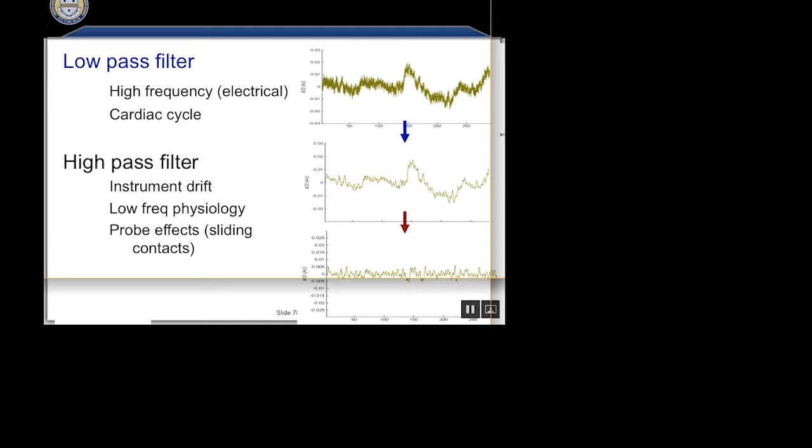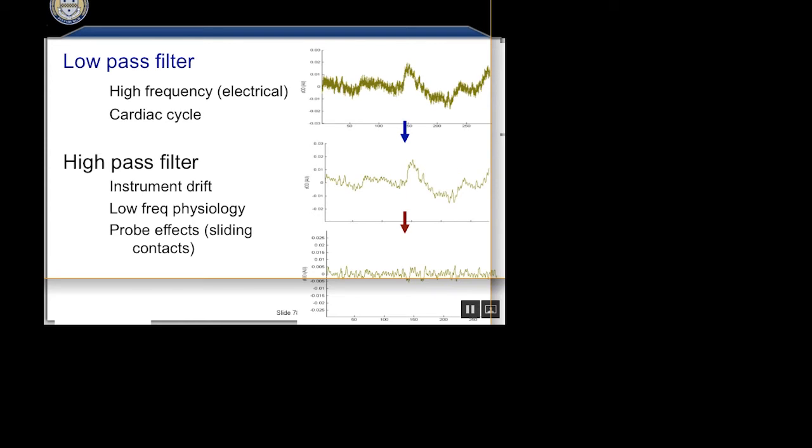One of the problems with a high pass filter is the opposite. A high pass filter lets high frequencies pass, and so it removes slow drift but lets all these high frequencies through. And so a bandpass filter is where you take a window, and you cut off anything below or anything above that window. The problem with bandpass filtering is selecting the window.